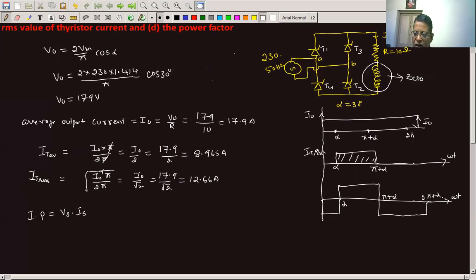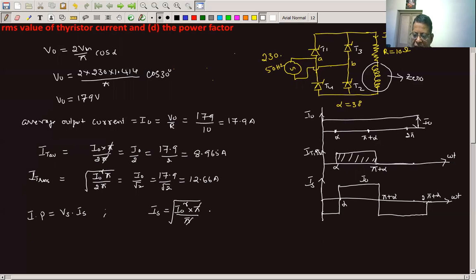If you find the RMS value of source current, it is an alternating waveform, so you have to consider only the half cycle. Is equal to I0 square into pi, divided by pi, whole root.